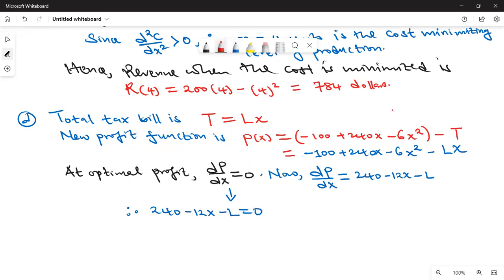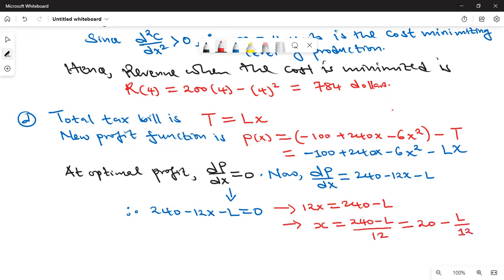And so from here, you can make x the subject. 12x is equal to 240 minus L, which simply means that x is 240 minus L over 12, which you can write as 20 minus L over 12.